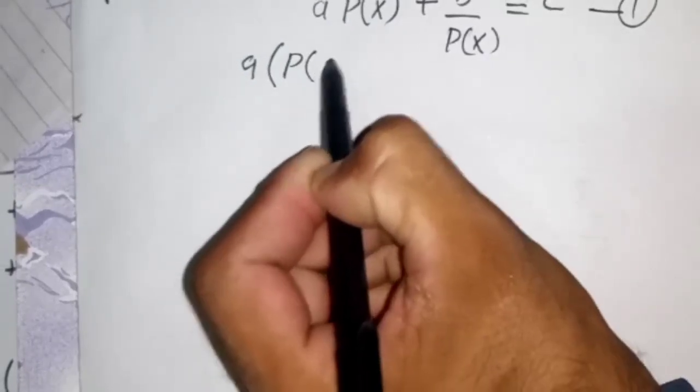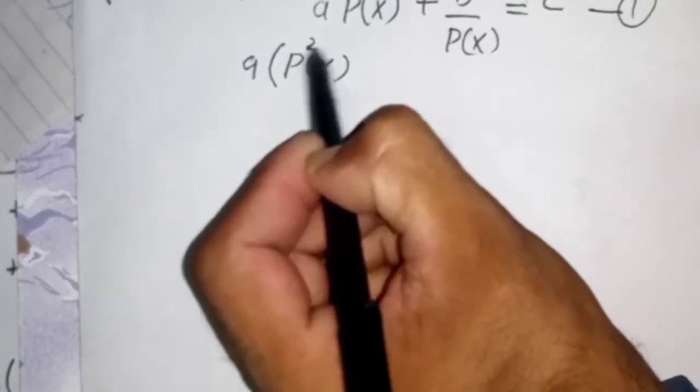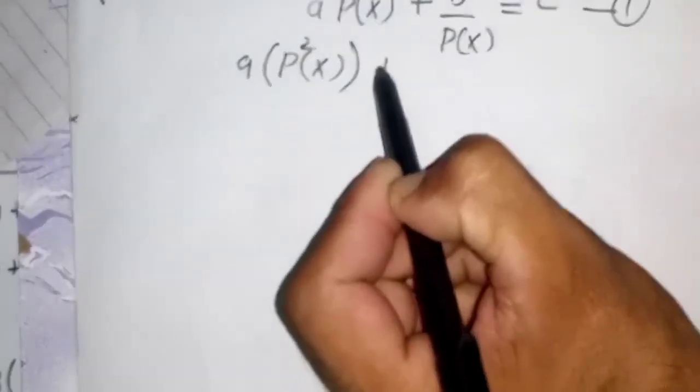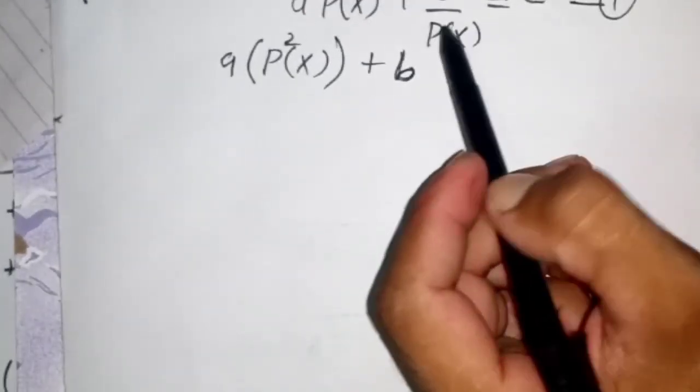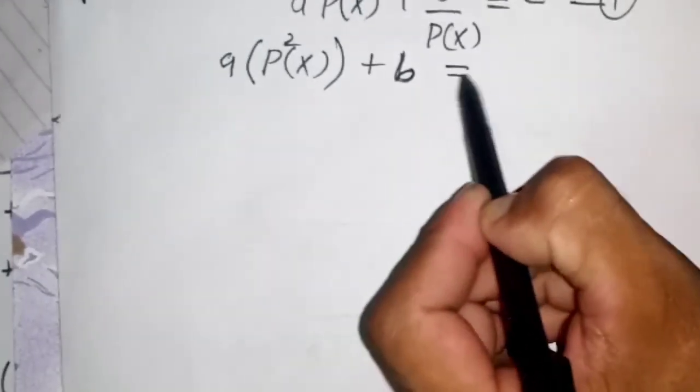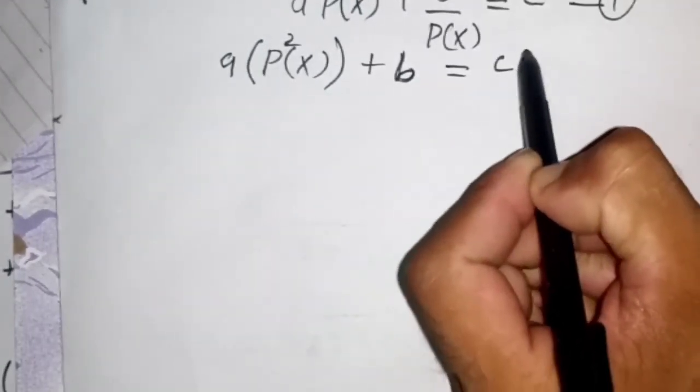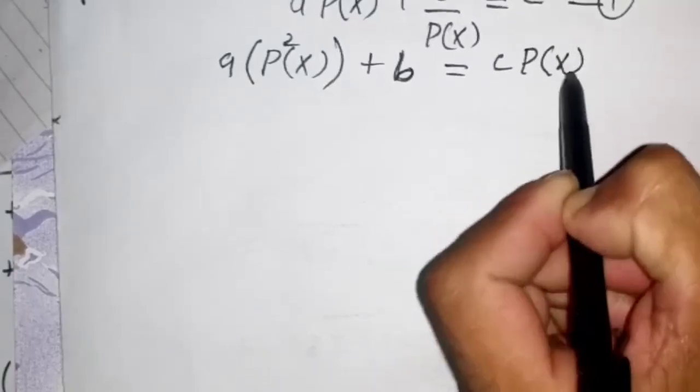a·p(x)², right? And here we get b, because p(x) times b/p(x) cancels out, and here we get c·p(x), right?